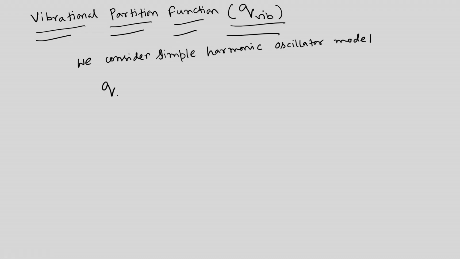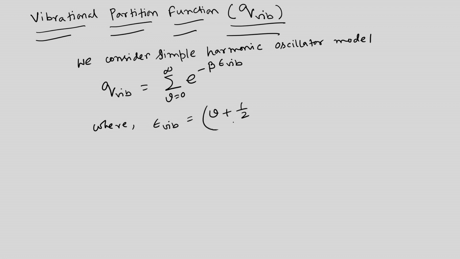So, Q vibrational we can write as the sum over v from 0 to infinity of e to the minus beta epsilon vibrational, where epsilon vibrational is (v plus half) h nu.